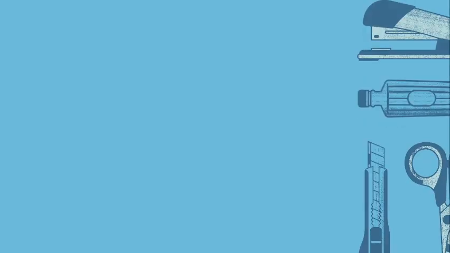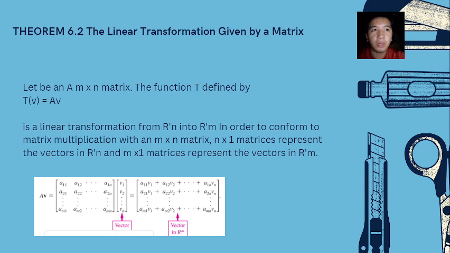So now let's talk about the linear transformation given by a matrix. Let A be an M times N matrix.